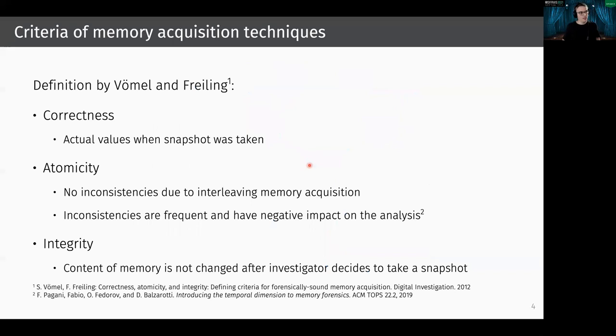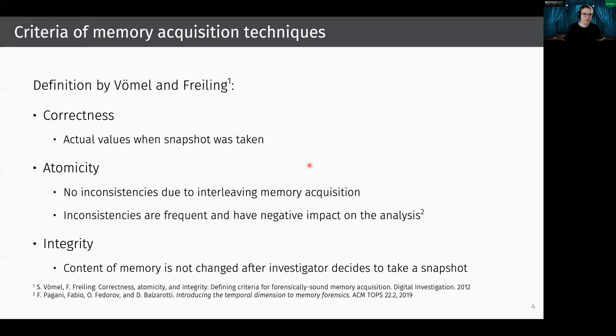Okay, so when we want to acquire system memory, we want to have a good snapshot, but what makes a good memory acquisition tool or technique? Therefore, I want to refer to the three criteria defined by Wömmel and Freiling.